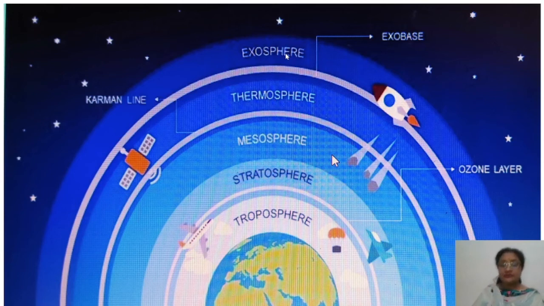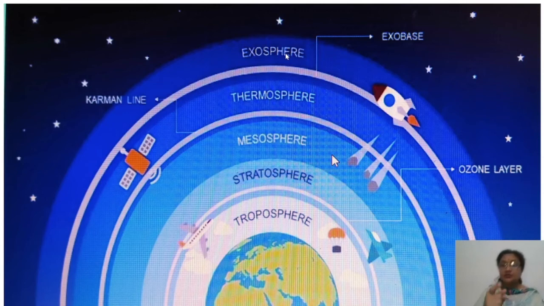Solar radiation, right? And one more thing you should keep in mind, it doesn't get affected by the temperature which is being released by the earth, which is called terrestrial radiation. Terrestrial radiation is totally responsible for heating up the lowest part of the atmosphere, which is in direct touch with the earth's surface, right?